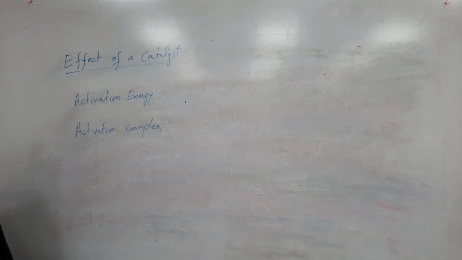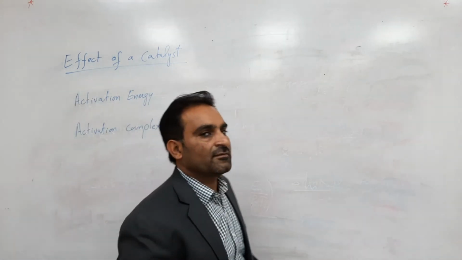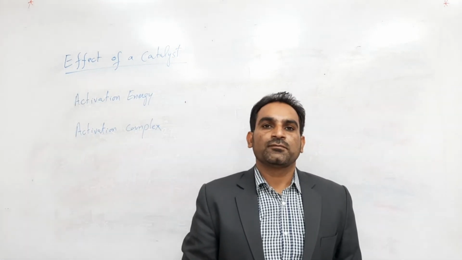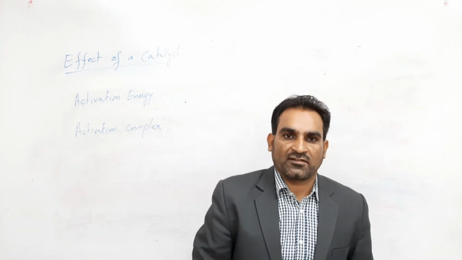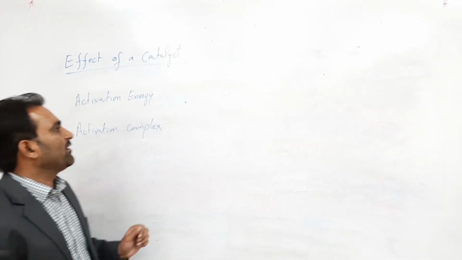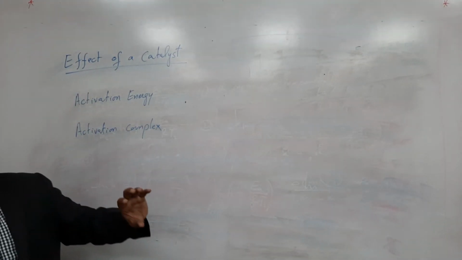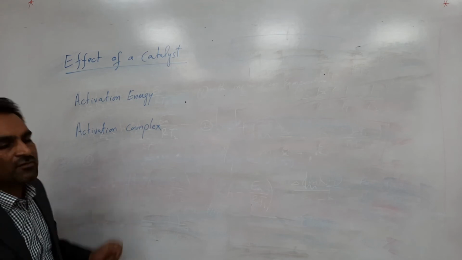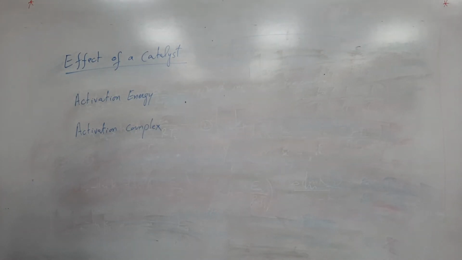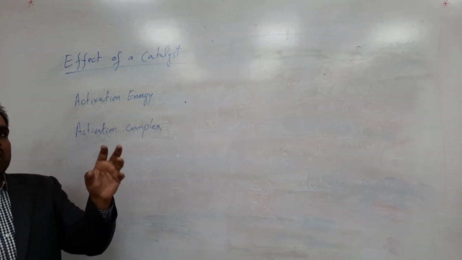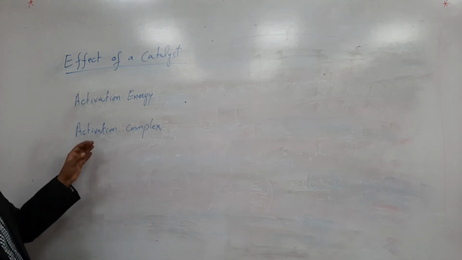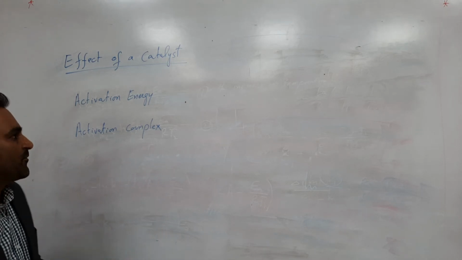Okay. Activation energy is actually the energy required to come up with product. For a particular reaction, this is the minimum amount of energy required to produce product. And at that minimum energy, the intermediate formed is called the activated complex.